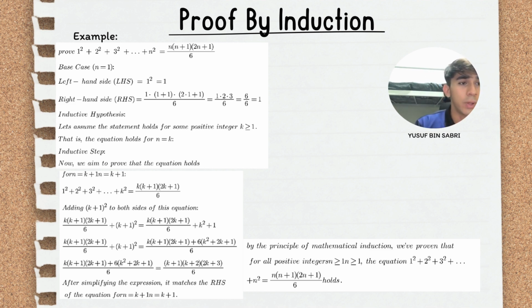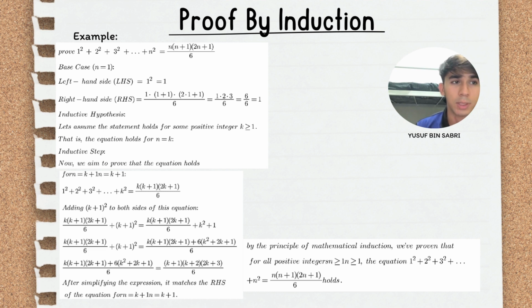Okay, now we go to the inductive hypothesis. Let's assume the statement holds for some positive integer k. Okay, this is the equation holding for n equals k. The inductive step: now we aim to prove that the equation holds for n equals k plus 1.